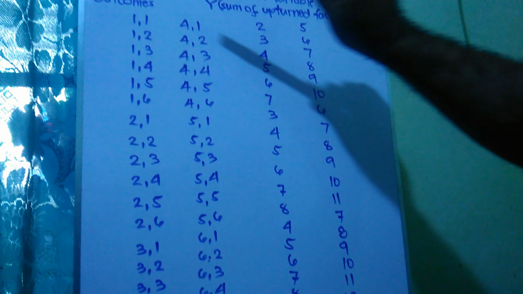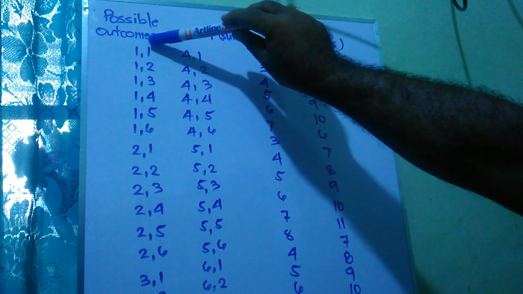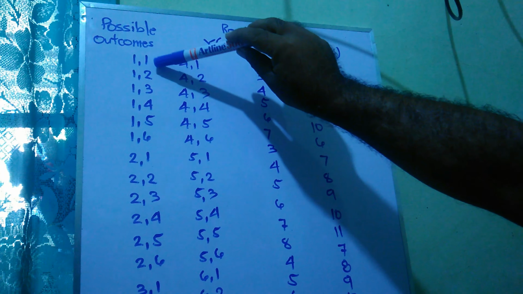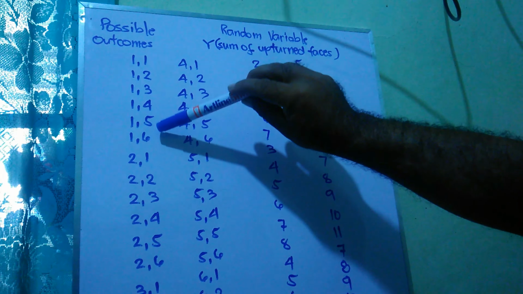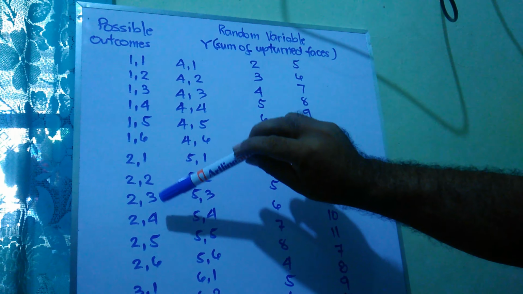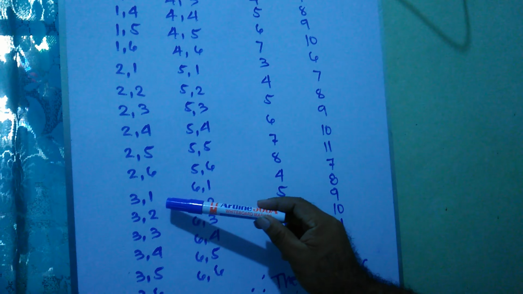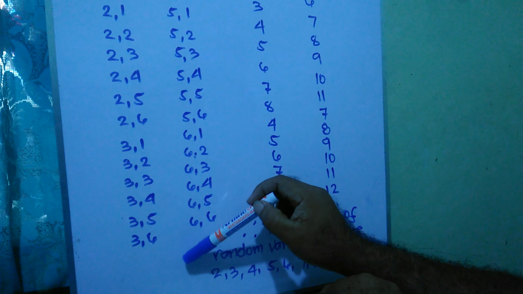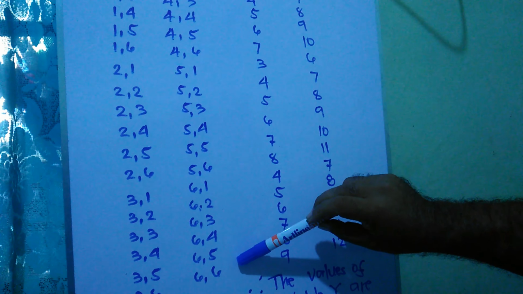The first outcome is 1 and 1, then 1 and 2, 1 and 3, 1 and 4, 1 and 5, 1 and 6, 2 and 1, 2 and 2, and so on and so forth, up to 6 and 6.